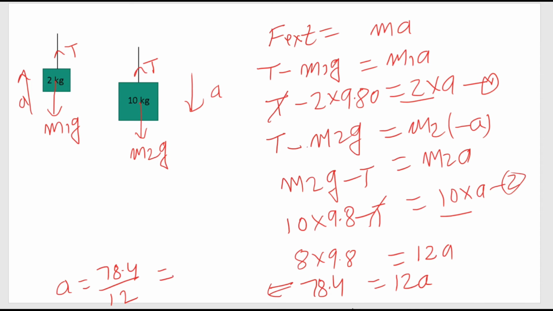The unit is meters per second squared. So the acceleration of the blocks is 6.53 meters per second squared.